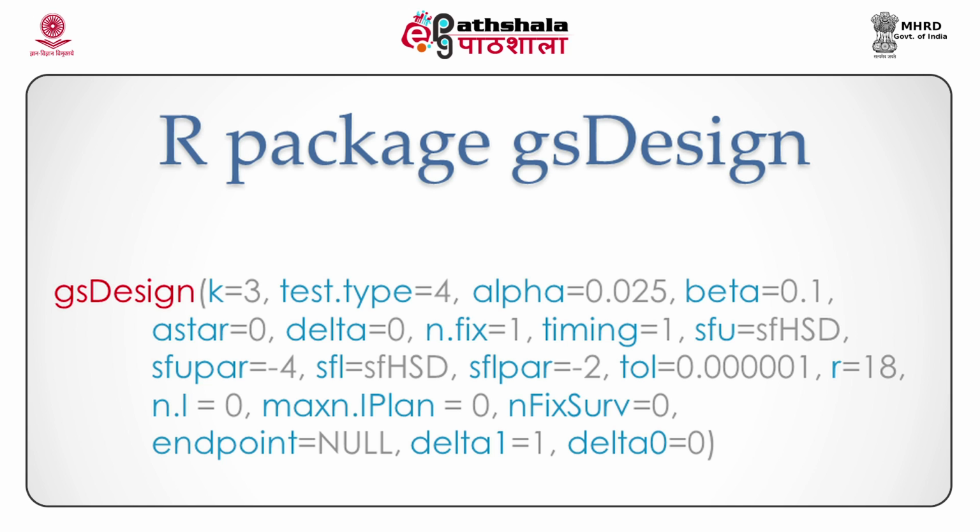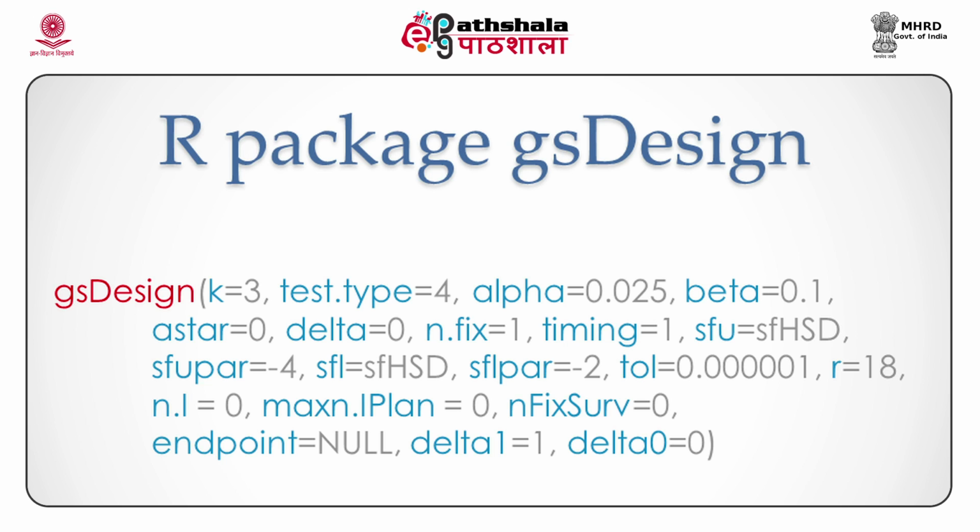The tolerance r is an integer value controlling the grid for numerical integration. n.I is used for resetting the bounds when the timing of analysis changes. maxn.IPlan is used for resetting bounds when the timing of the analysis changes from the initial design.